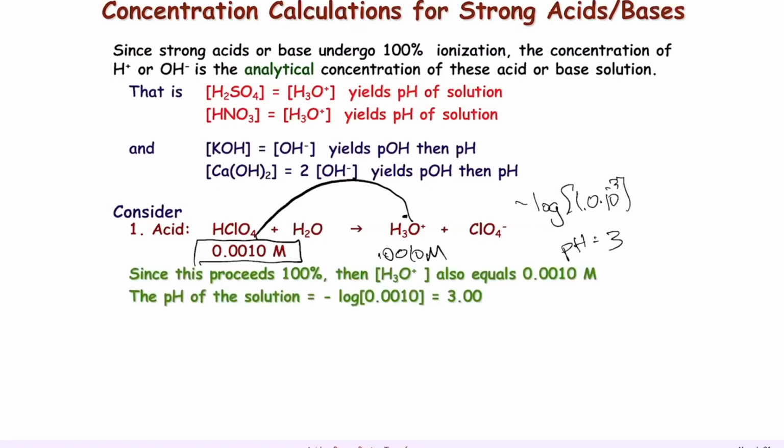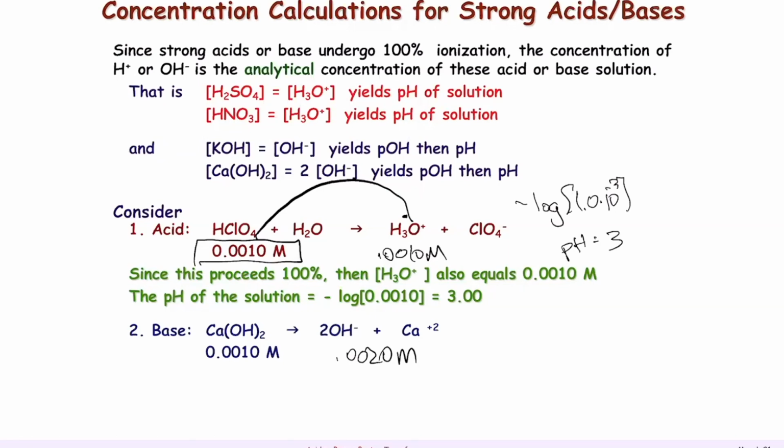Likewise with the base. If you have a base that is 0.001 molar, look at the chemistry. Your hydroxide is not 0.001 molar. If it was sodium hydroxide, yes, but you have calcium hydroxide here, so it's going to be a 1:2 ratio. Your hydroxide ion concentration is 0.0020 molar. And if you want to know what the pH is, first figure out what the pOH is.